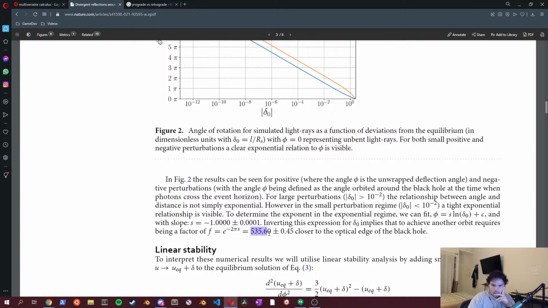So that means we would need to be 535 times closer to the optical edge to get 1 extra rotation.